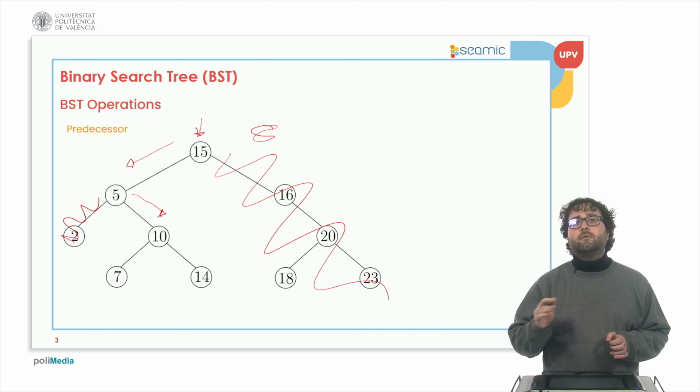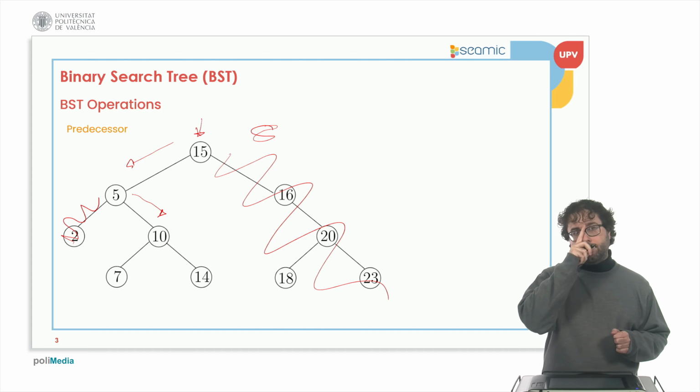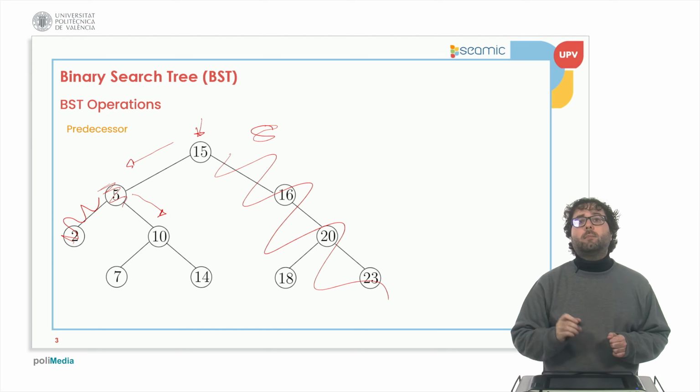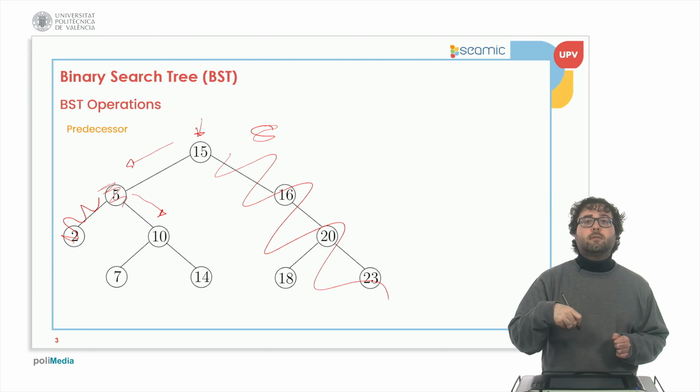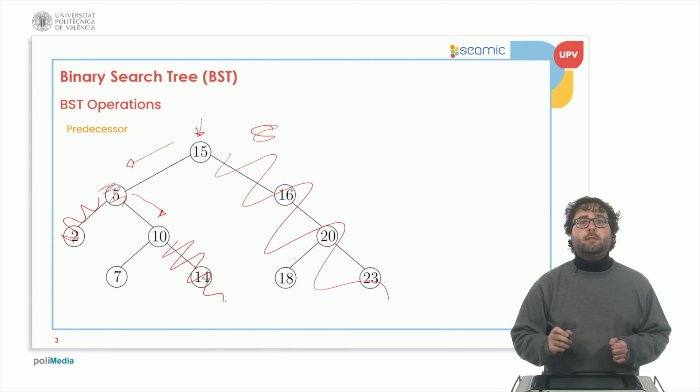We continue down on the right part, and since the new value is bigger than the one we're looking for, that means 5 was not the number we were looking for, and we still need to keep searching. But also, we don't need to search in this part.